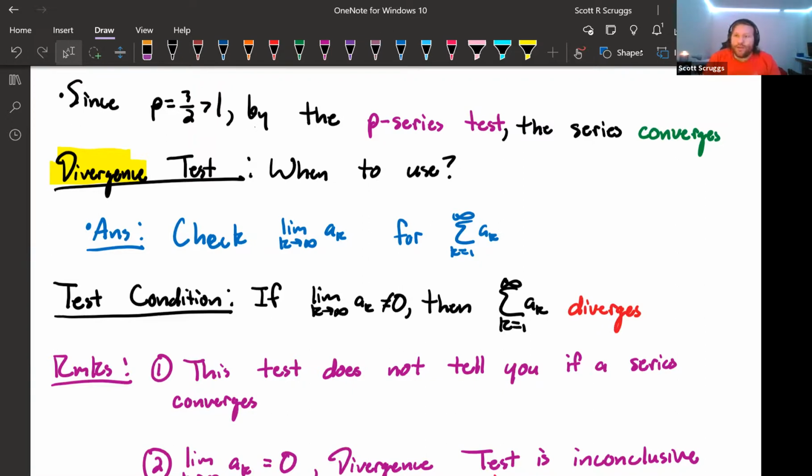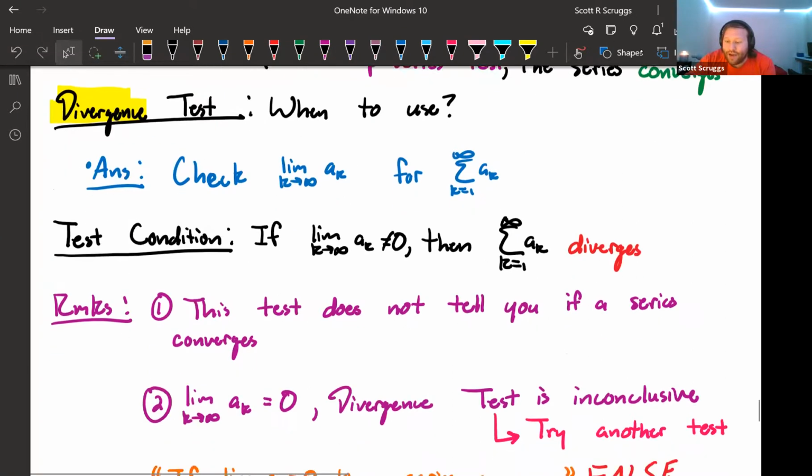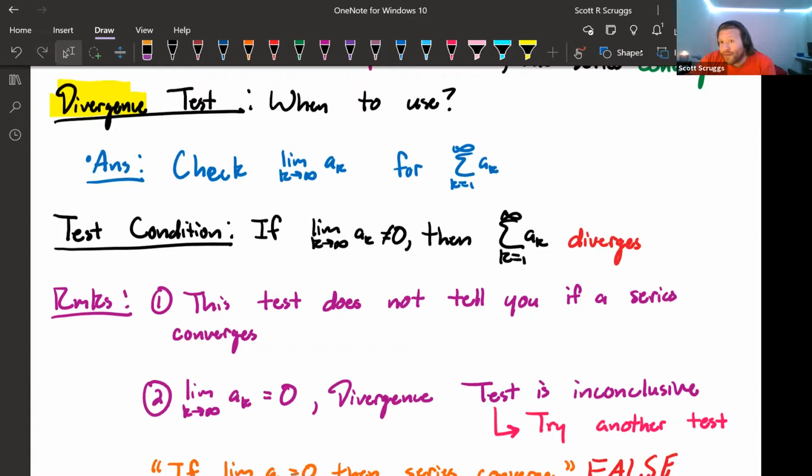And also, sometimes it is very quick to see that if I took the limit of the terms in that series, it would not equal 0. And so instead of doing all that nasty work I would have to do for, say, a comparison test or an integral test or the other tests, I could take the very cheap route and say, oh, the limit of the terms doesn't go to 0. Oh, good.